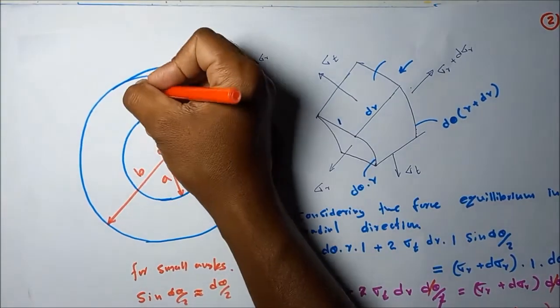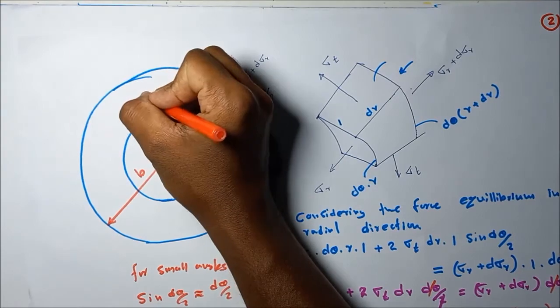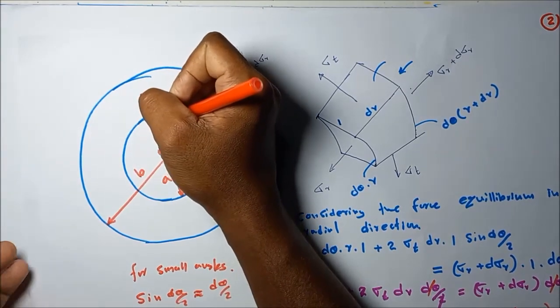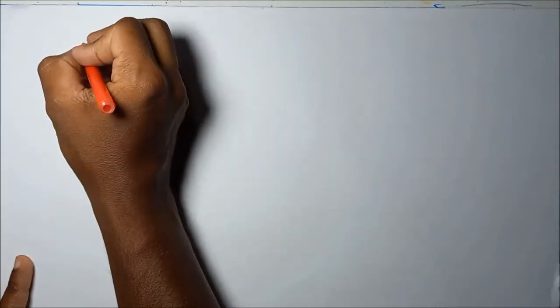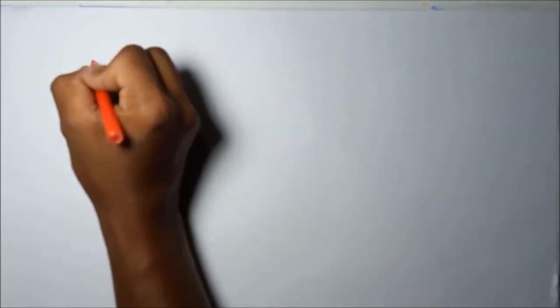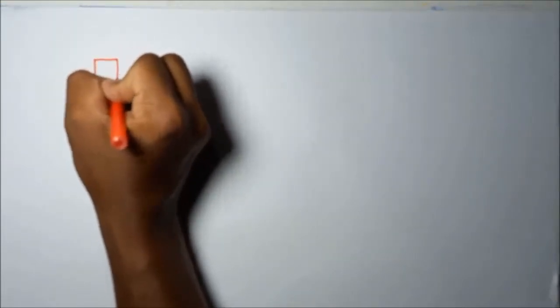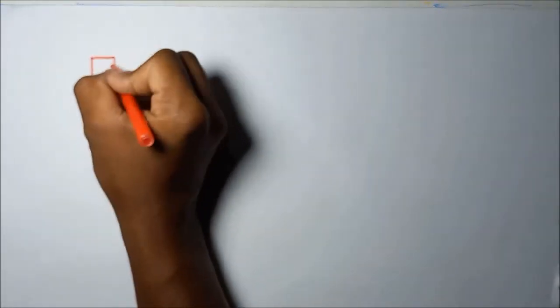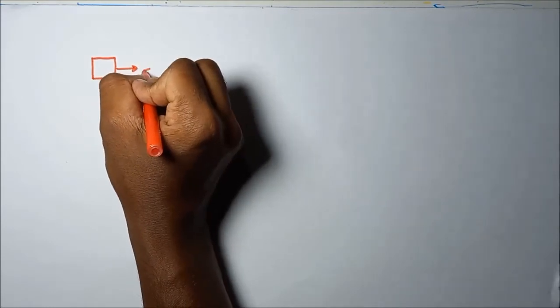If we consider the infinitely small stress element at this r distance from the radius, on that stress element we can mark the stresses like this. In the radial direction, sigma r.